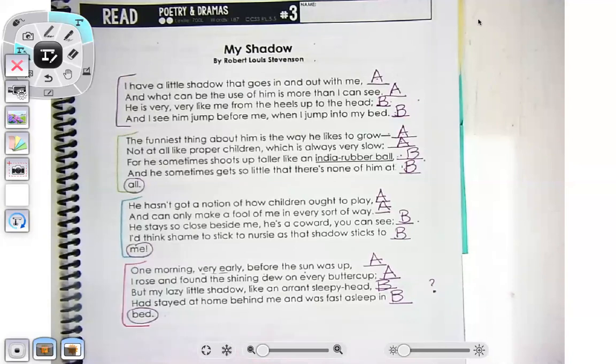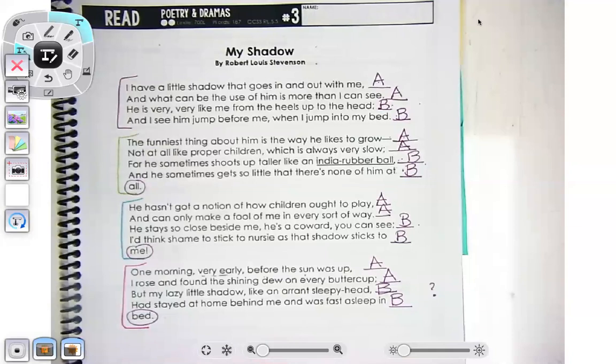All right, boys and girls, that's just a highlight of My Shadow by Robert Louis Stevenson. Remember to read poems one, two, or three times to get the feeling and the mood of the poem and to understand what the author's coming across. And if you can't remember what mood is, remember it's that feeling displayed by the author towards the subject.